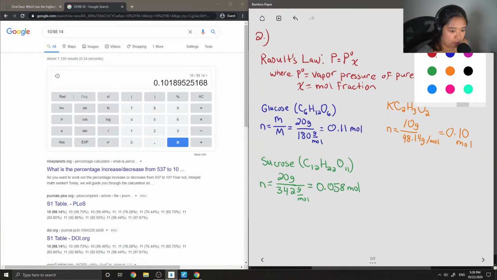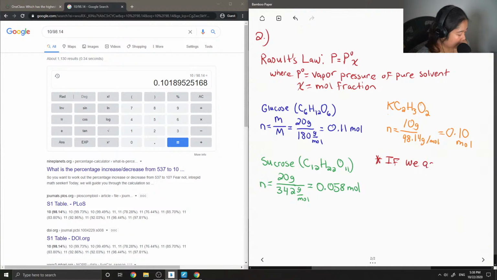Okay, so now if we assume that we dissolve each of these solids in separate mixtures of water, let's say in 100 mils of water, the one with the highest vapor pressure has the least number of moles.